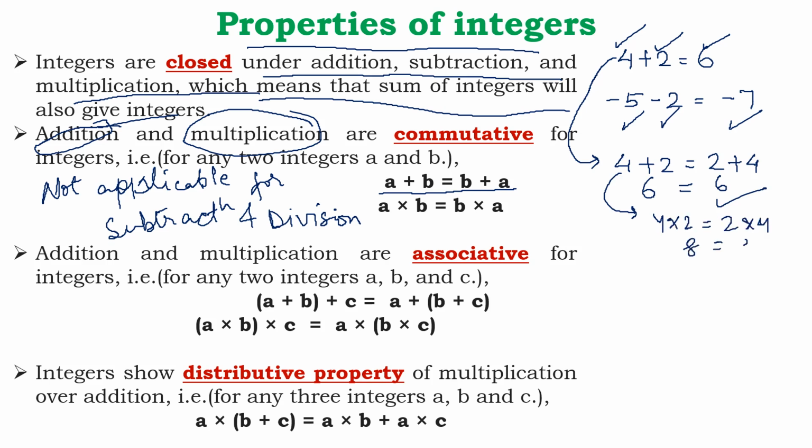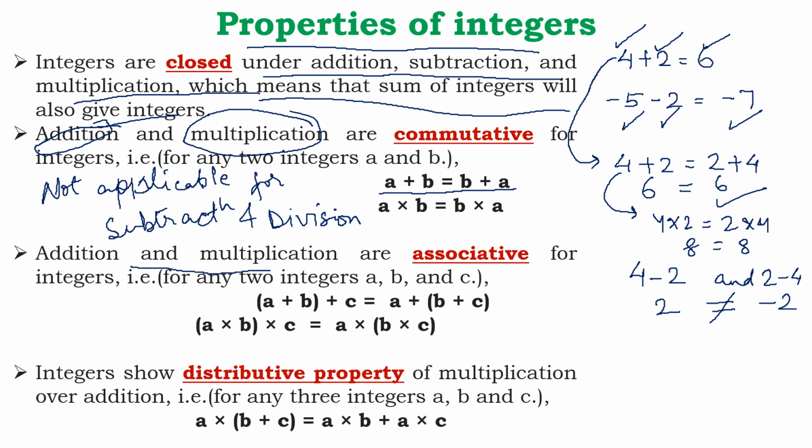Both are 8. So correct. But if I say 4 minus 2, that is 2. And 2 minus 4 is minus 2. That is why we say that for subtraction and division, it is not applicable.